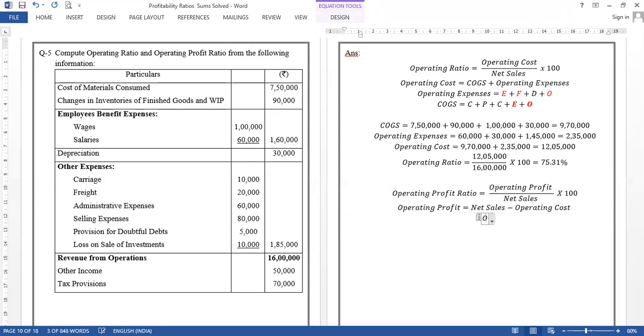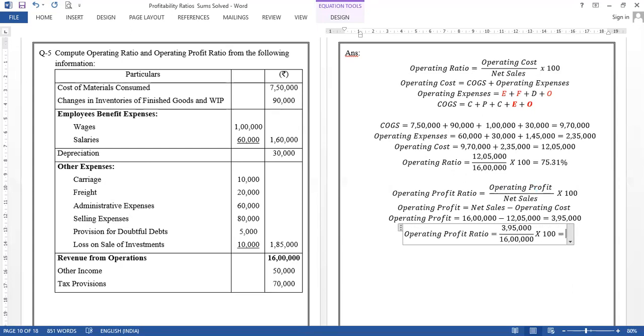So let us place the values. Operating profit will be equal to net sales, rupees 16 lakhs, minus 12 lakh 5,000, my operating cost. So difference will be 3 lakh 95,000. So now if I just apply these values in the formula of operating profit ratio, this will be 3 lakh 95,000 to be divided by 16 lakhs, right, into 100.